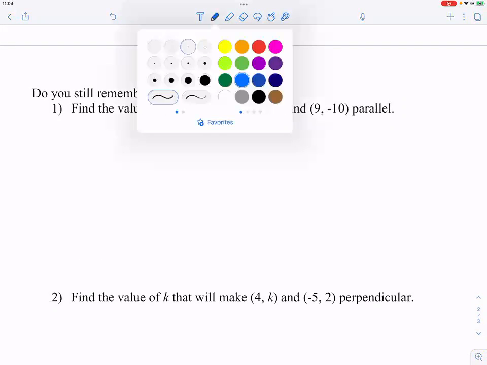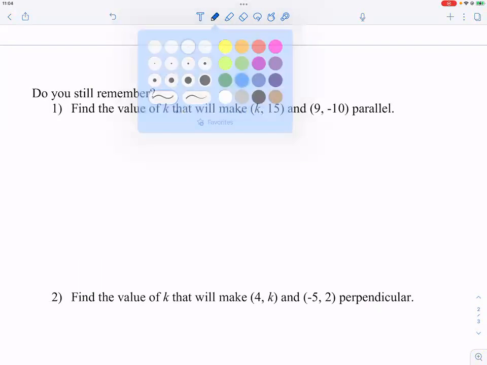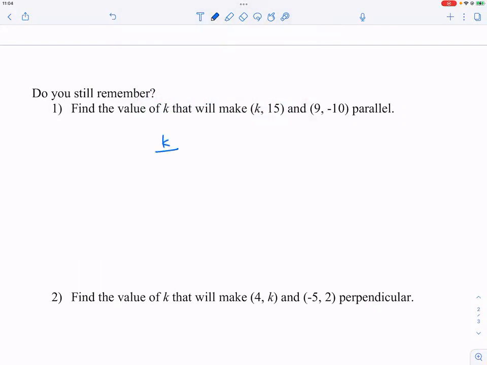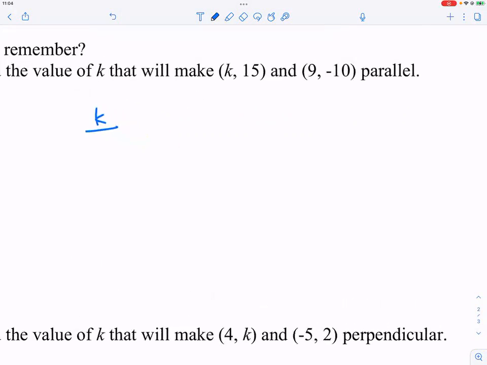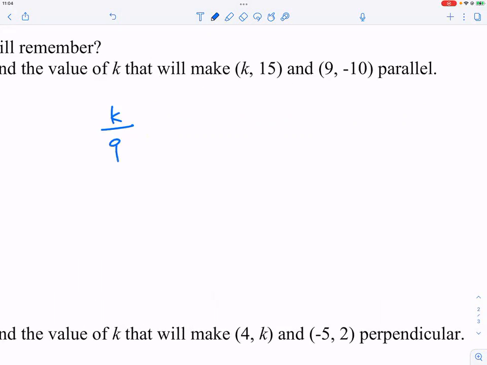In other words, if you put them into proportion, they must be the same. If you put the x over each other, put the y over each other, they must be the same. That's a key relation, okay? If they are parallel, they must be proportional.